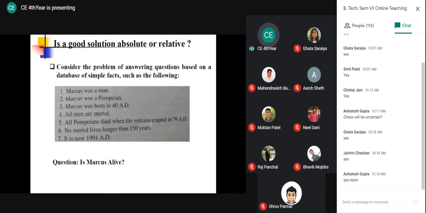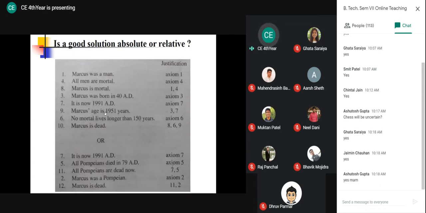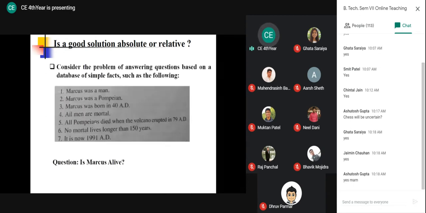Now axiom 6 says no mortal lives longer than 150 years. Marcus's age is 1951, and this fact is given, no mortal lives longer than 150 years. So from that you can prove that Marcus is dead. This is one way to prove it.